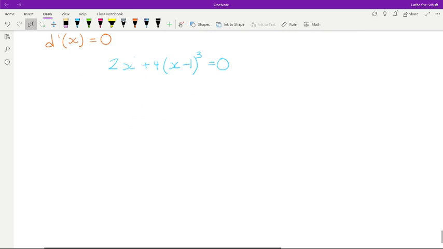What can we do? Let's expand this. x minus 1 cubed. So you can do x minus 1 times x minus 1, FOIL that out, and then do x minus 1 again. And you get x cubed minus 3x squared plus 3x minus 1. Okay, let's distribute that 4.